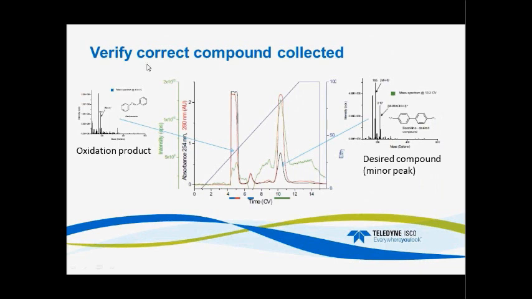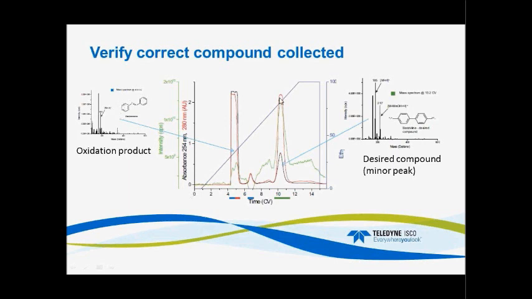Another example, this is a good example of an organic synthesis run, where we are looking at this, and this is our desired compound that we wanted to synthesize. This is the desired compound, benzidine, and this is a potential side product.